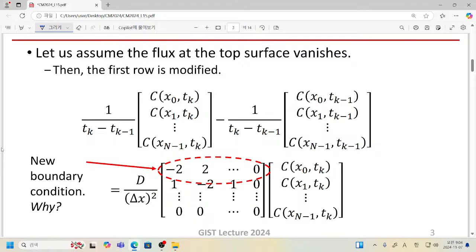In this one-dimensional case we have two boundaries, top and bottom, or sometimes we draw left and right.